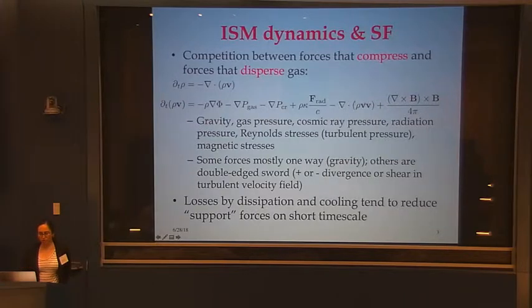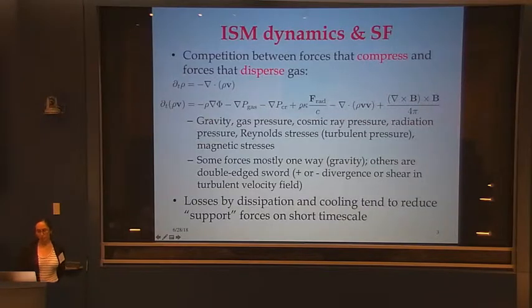Some of these forces are one way. Gravity is one way. Others are a double-edged sword. For example, this term here can involve shear, which tends to tear apart dense regions, but there can also be compression, so there can also be turbulent pressure compressing gas. So that's something to keep in mind: they look innocent, but they can really do a lot.